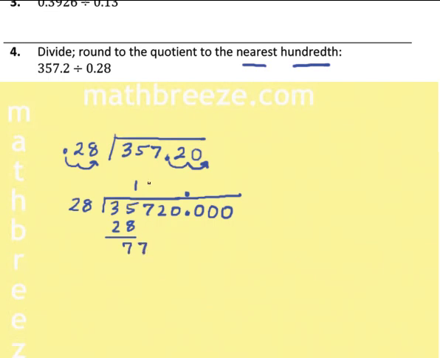Let's do 2 times. 28 times 2. We have 56. Let's put that in. Subtract, and we have 21. Okay. Let's bring down this 2. And let's try 28 times 7.